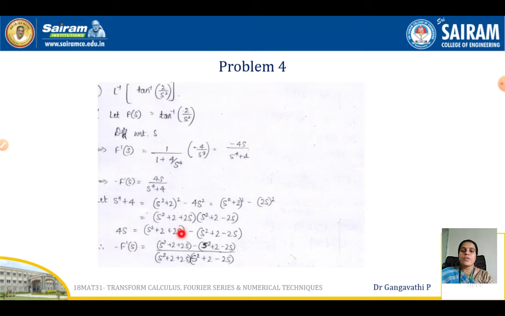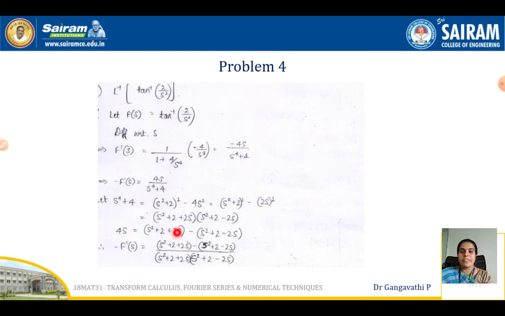So by using that you can write minus f dash of s with this denominator, and when you subtract one term by the other, you can write the numerator like this.